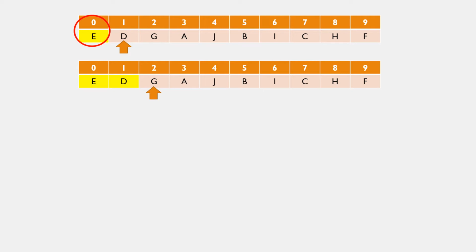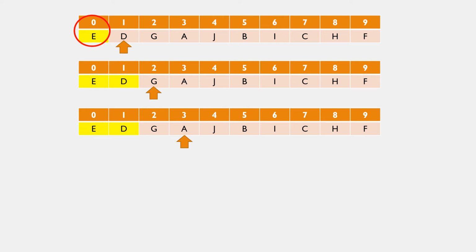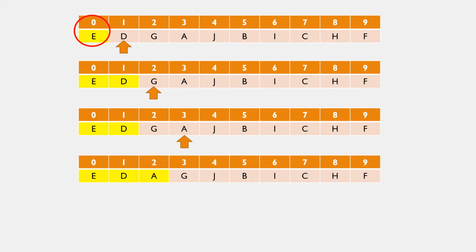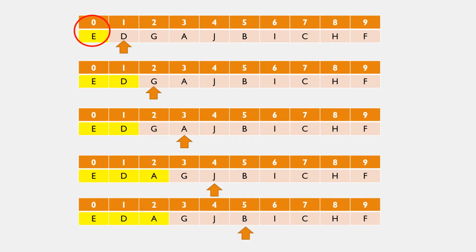It's later in the alphabet, so it doesn't go into my partition. The marker moves on. A does go into my partition, so I swap it back, and now A is in my partition. J doesn't belong in the partition, it's larger than E, and my marker moves on to B.